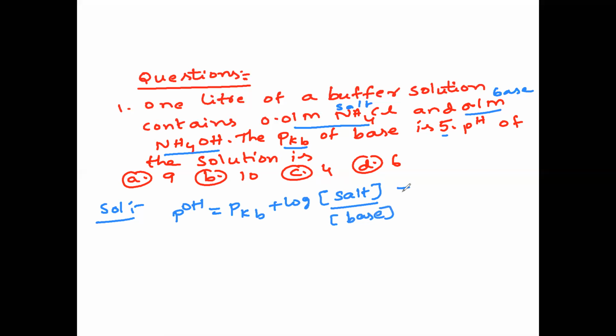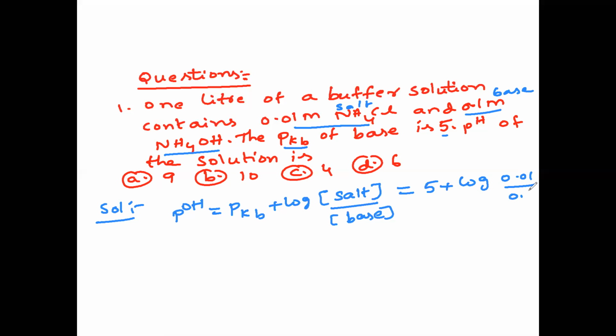So it is equal to pKb, which is given as 5, plus log of concentration of salt. Salt is given as 0.01, divided by base, which is 0.1.